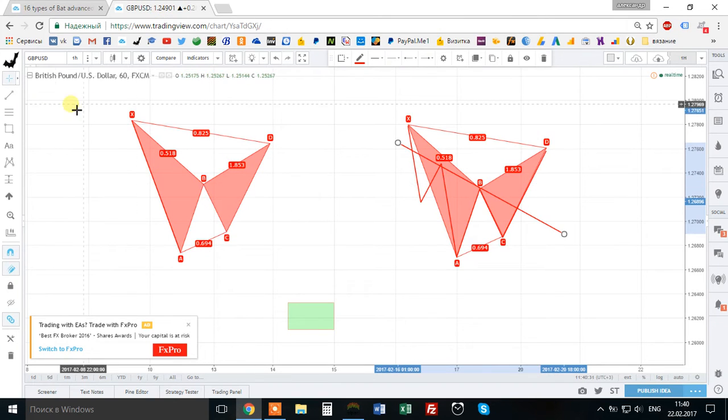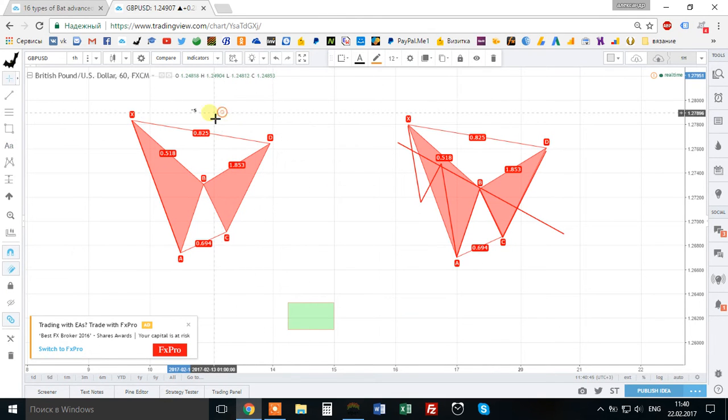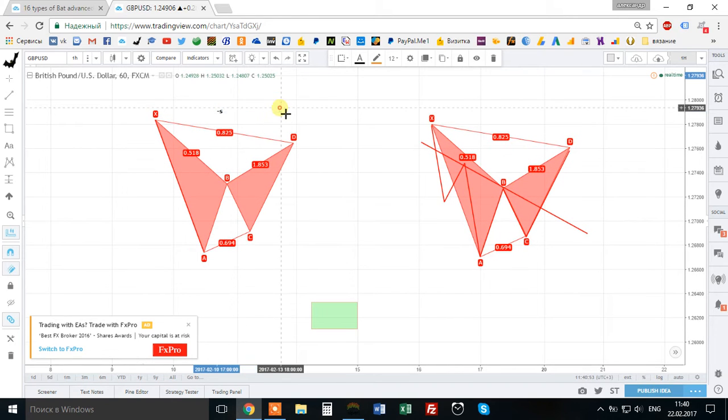And I call them S, meaning simple XA. Let me type it here. S, simple XA. And I called HS, as you might have guessed.